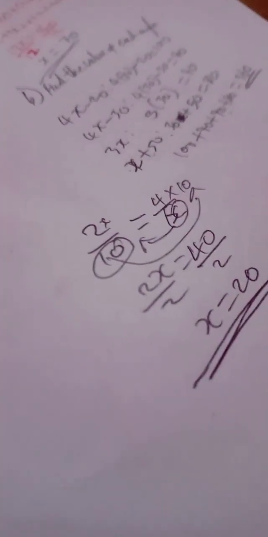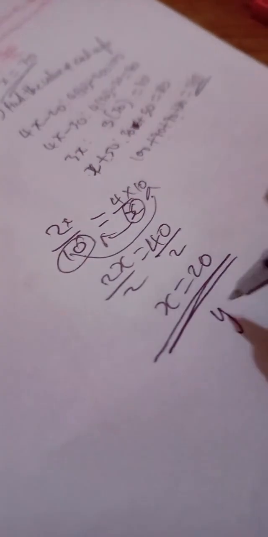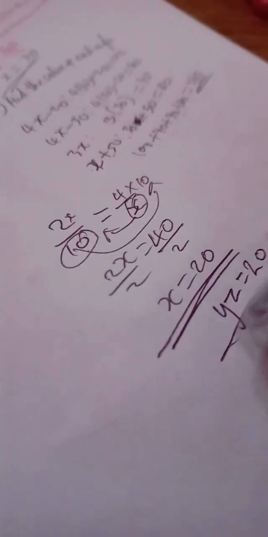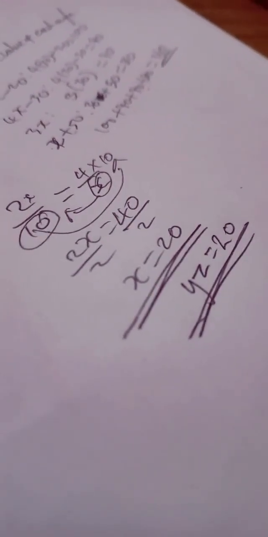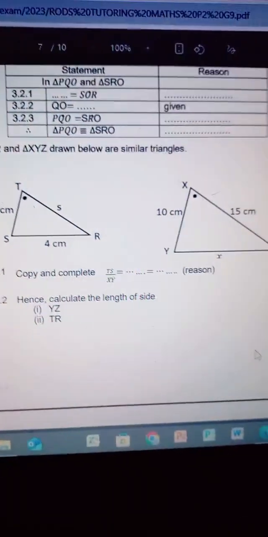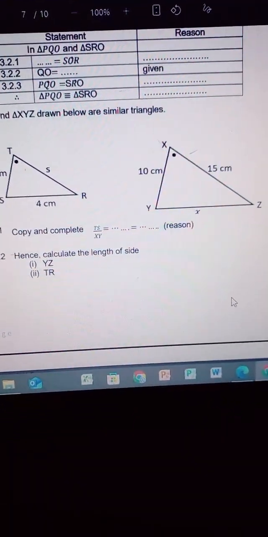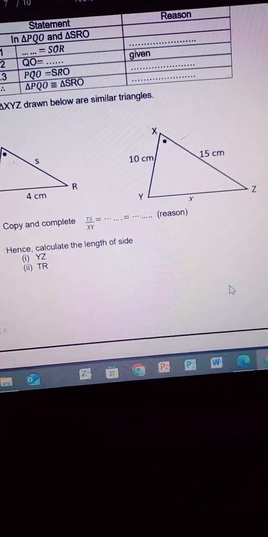So 2x is equal to what? 40. Divided by 2, divided by 2, x is equal to 20. So the dimension of YZ is equal to 20. This is how similarity moves, because these triangles are not congruent, but they look alike. Right?